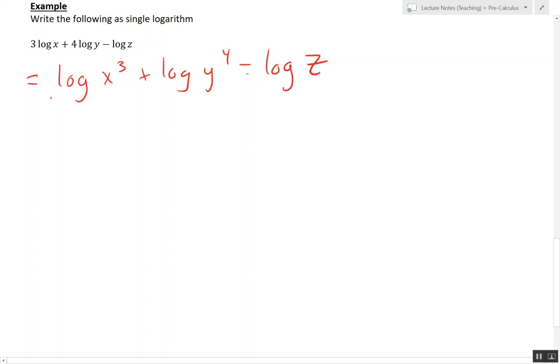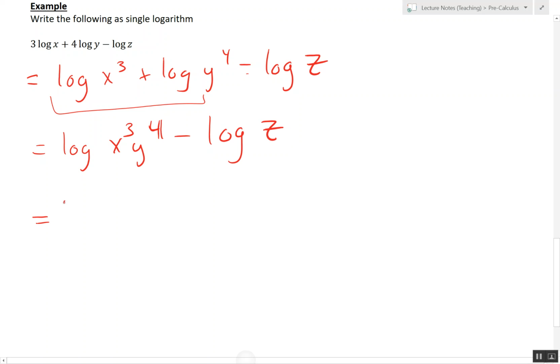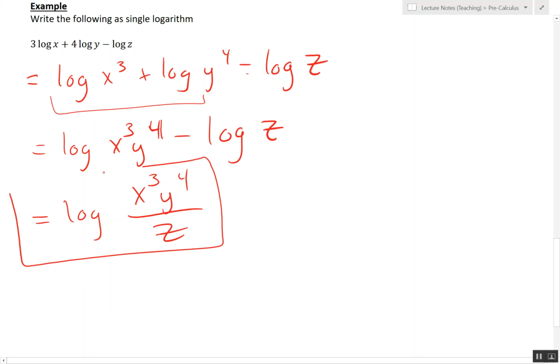We're going to combine these two terms using the sum-to-product formula. So this is going to be log of x cubed y to the 4th, minus log of z. And now that we have a log minus a log, we can use the subtraction-to-fraction property. So we'll have log of x cubed y to the 4th all over z, and that is our answer.